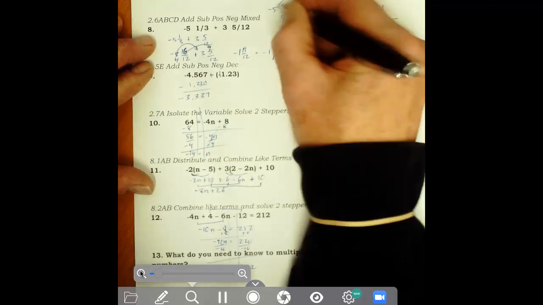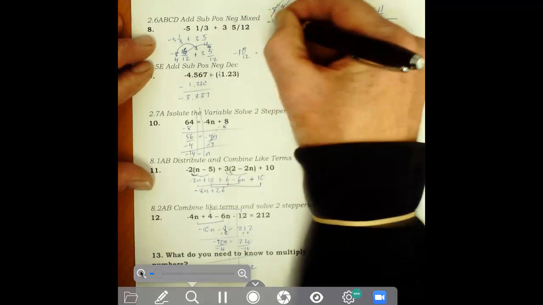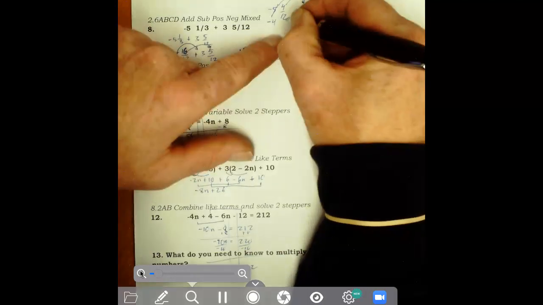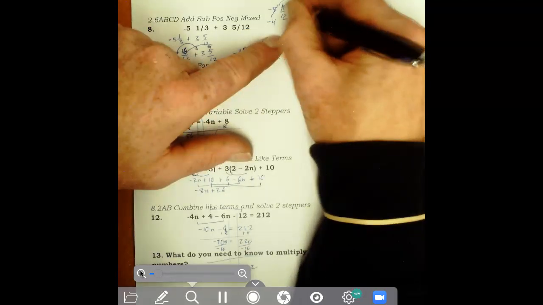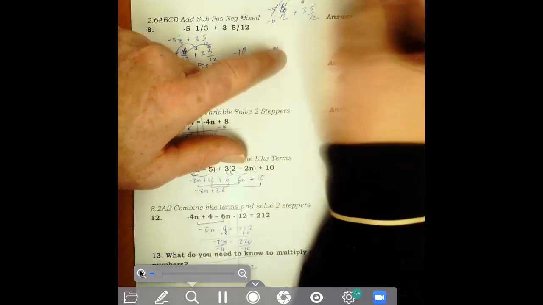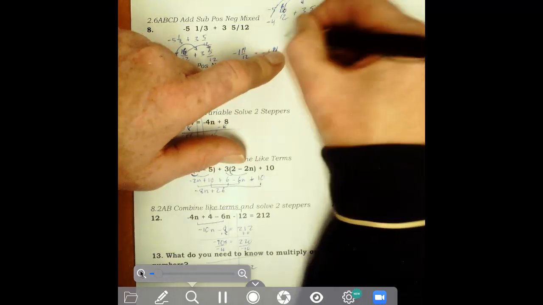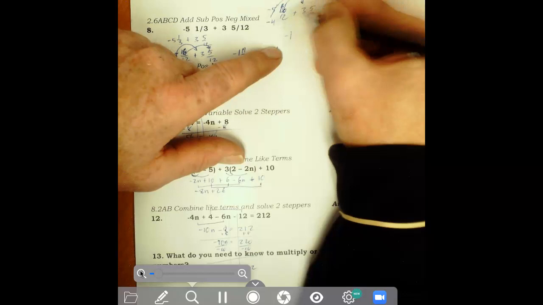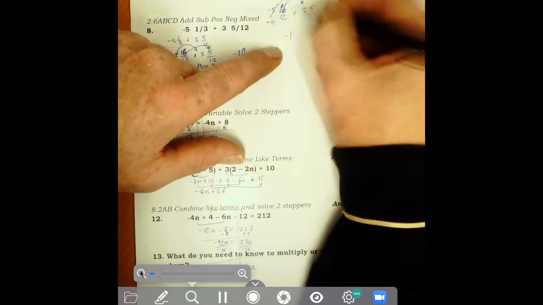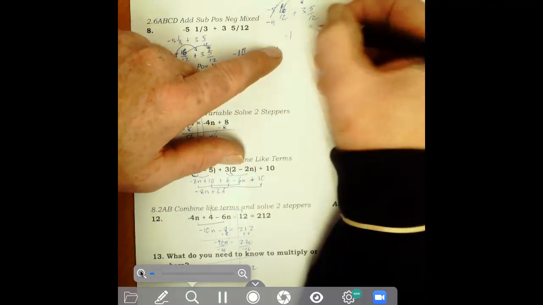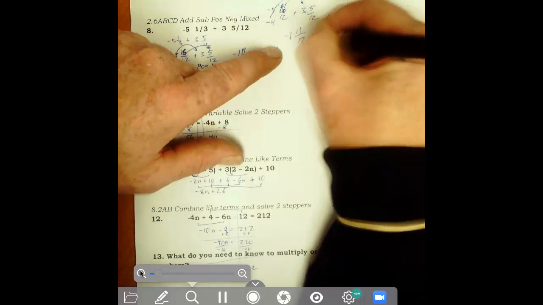So you make a trade. We'll take one whole away. This becomes negative 4. There's 12 pieces in a whole, so I add 12 to this, and I get 16. Now I can do 4 minus 3 is negative 1. Negative minus, different signs. The difference is negative 1. 16 minus 5 is 11/12. There's your negative 1 and 11/12.